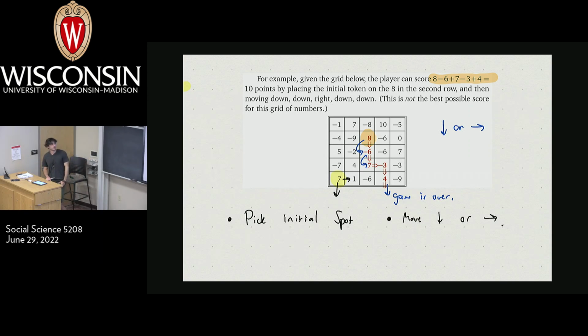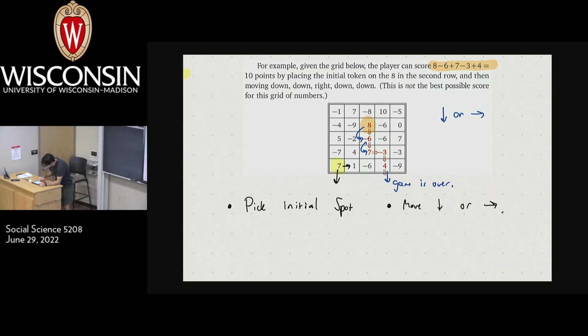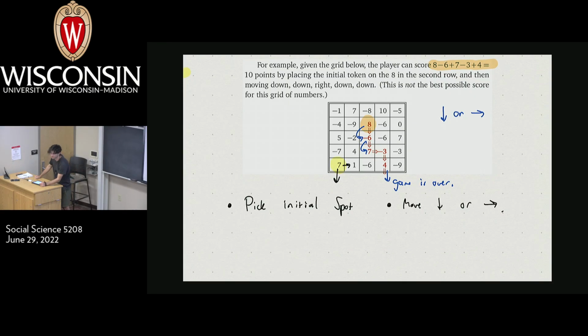So what's a good summary? What's important information we need to know to determine whether we should go down or right? What do we need to know? The values that we lose out on by taking the options.